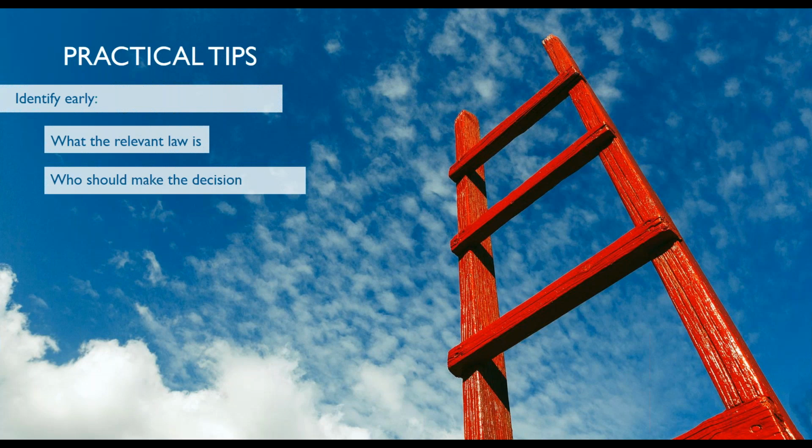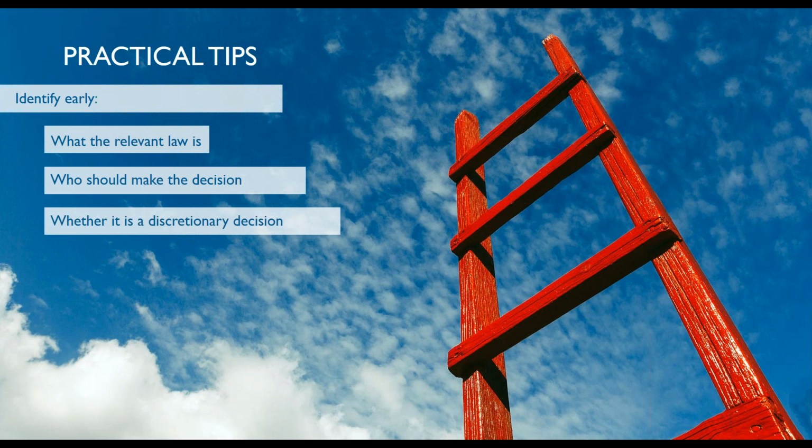So it may be that you identify really quite early on that actually there has been a failure for the right person to make the decision. Again, identifying whether it's a discretionary decision is also important, because employers making discretionary decisions have quite a bit of latitude in how they make their decisions, and it'll also be relevant in deciding what outcome should there be if the complaint is upheld.